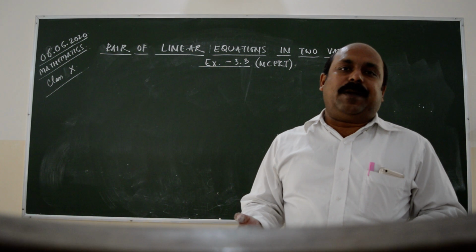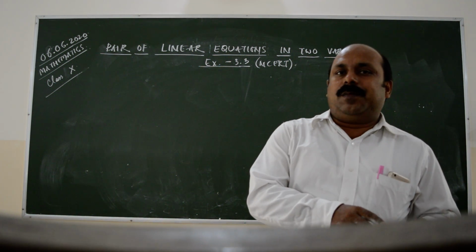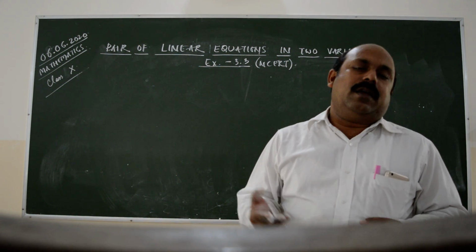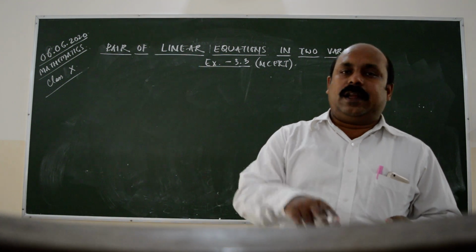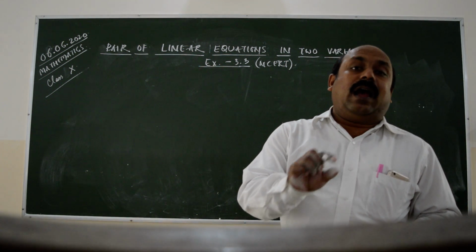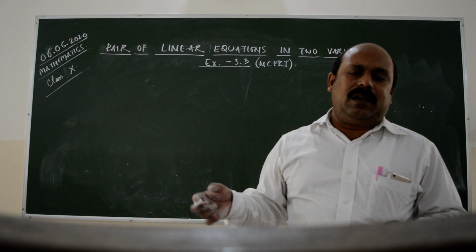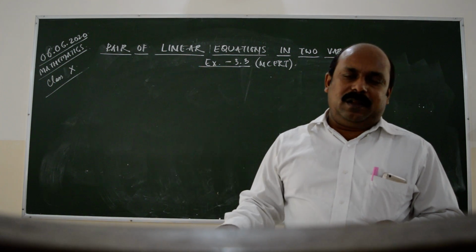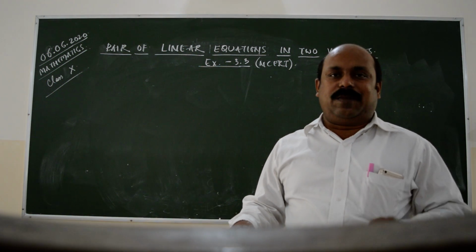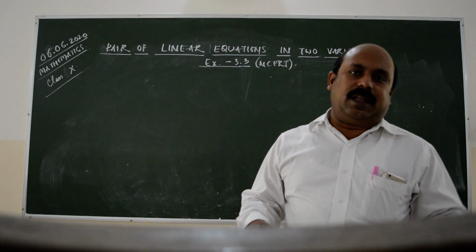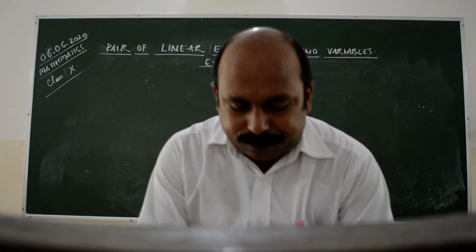So we are going to replace the value of one variable in terms of the other variable from one equation into another equation. We will get a linear equation in a single variable. We will solve for that variable, and then after finding its value, we will find the value of the other variable. So let us do it.